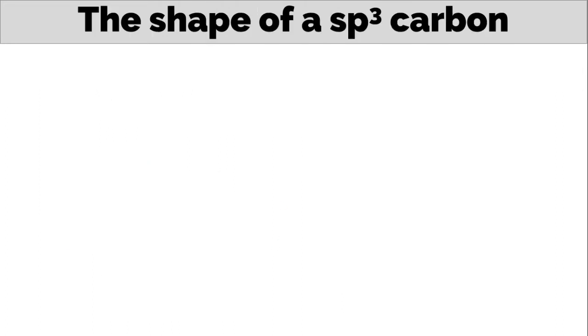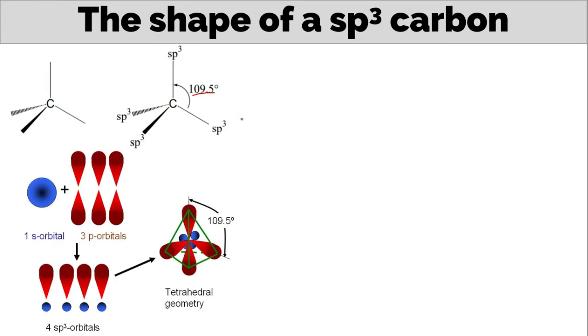Now, in order to get as far away from each other as possible, the sp3 orbitals are arranged in the shape of a tetrahedron, or tetrahedral. So the angle here is 109.5 degrees. So it looks like this. Again, this molecular shape minimizes the electron-electron repulsion. We have studied this in VSEPR theory.